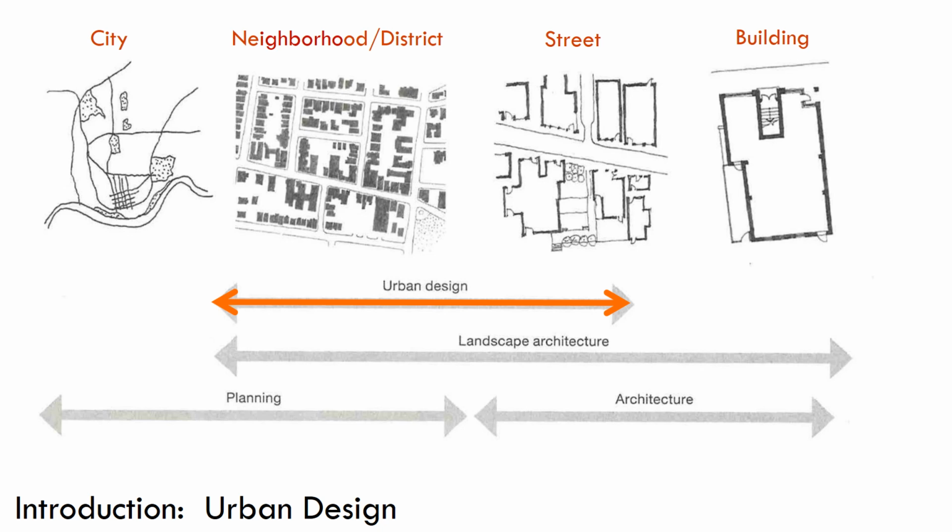Architecture, we often think of architects as designing buildings, and that is indeed true, but also architects sometimes design groups of buildings, and we have public spaces, maybe some streets in between, so they can do their work in that range of scales. And landscape architecture sort of spans from the building site, designing the site of a building, up to things that we find in neighborhoods and districts, like the design of greenways, parks, streetscapes, and things like that.